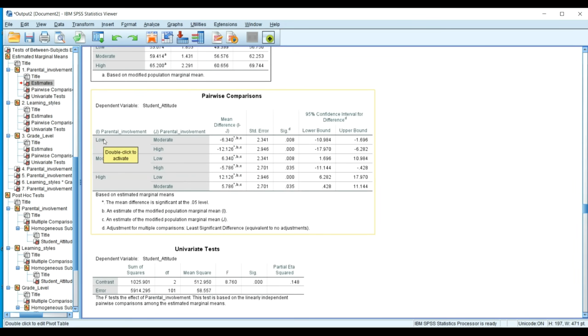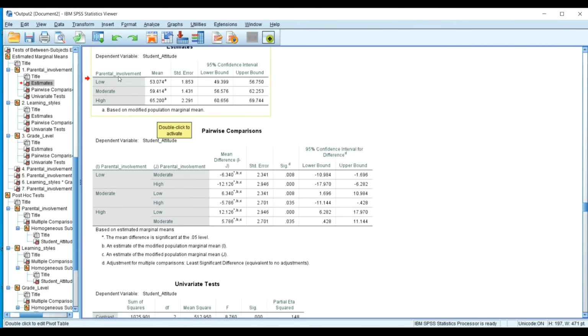Comparing low parental involvement to moderate parental involvement, it is statistically significant. All of them are statistically significant, but that gives a lower effect, just like what we got here, a lower mean for the low.